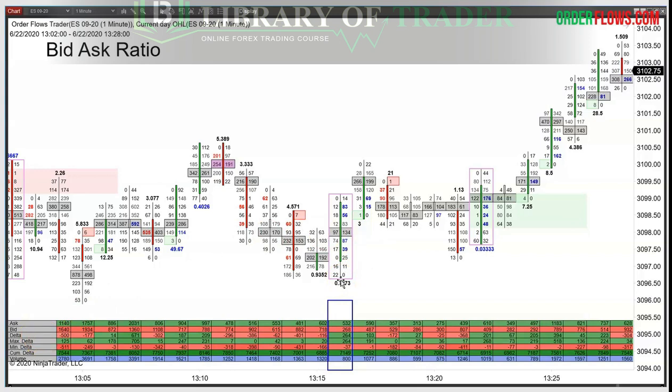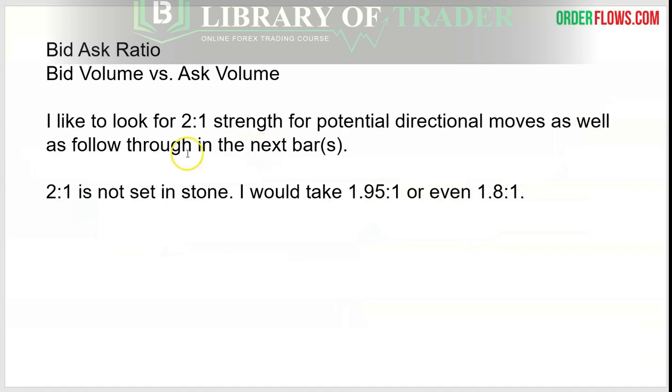The ask volume is 532. The bid volume is 268. Now, this is not 2 to 1, right? If it was 2 to 1, 268 times 2 would be 536. It's within 4 ticks or 4 contracts, okay? Even though I said look for 2 to 1, 2 to 1 is not set in stone. That's why I started off with this. I would take 1.95, even 1.8.